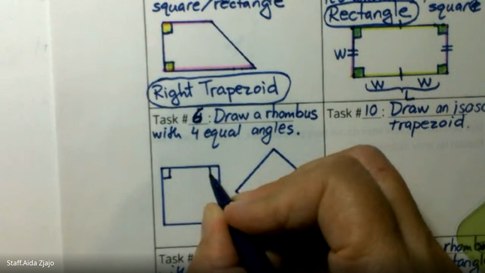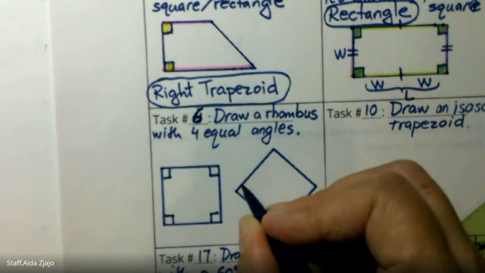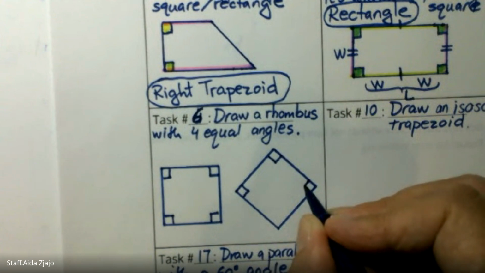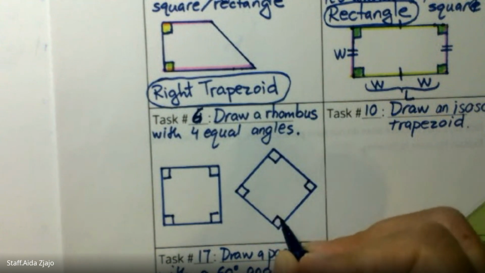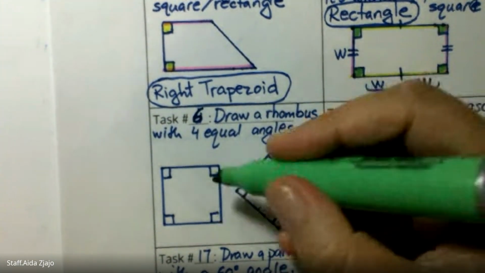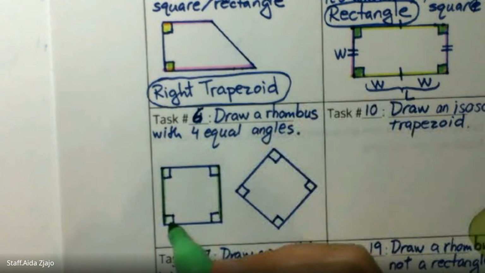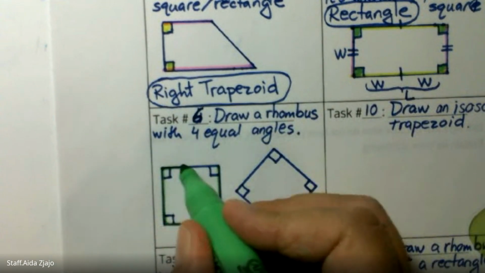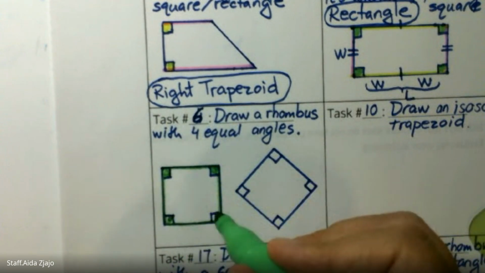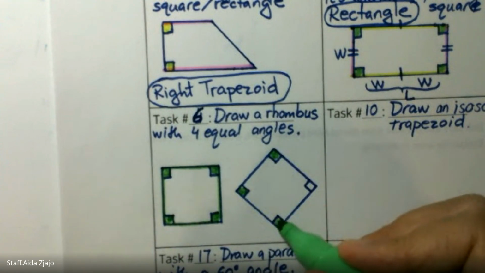So that is a square, but it's also a rhombus because to be a rhombus, you need 4 congruent sides. This is congruent to this, congruent to this, and congruent to that, and the angles are congruent as well.